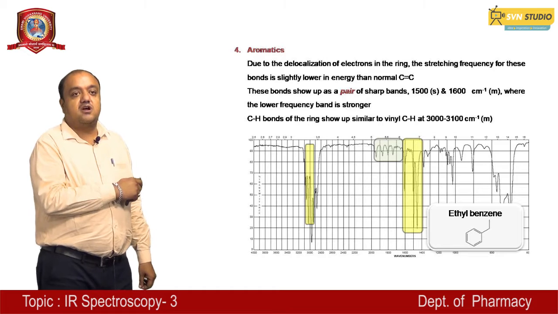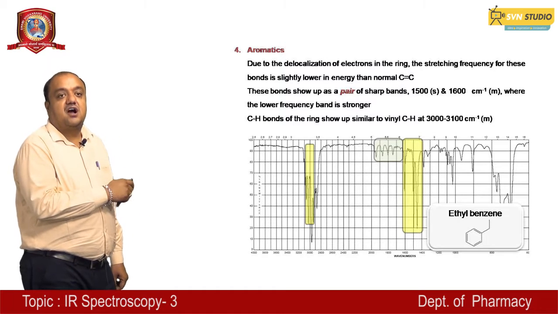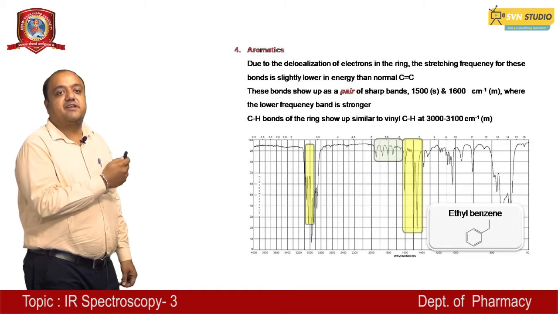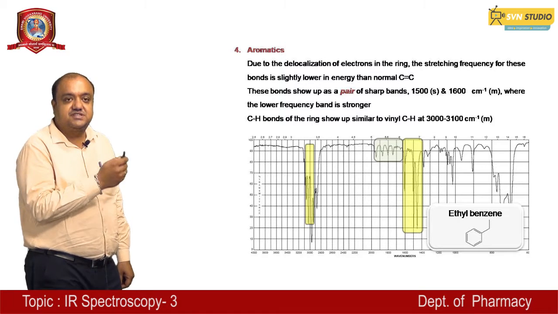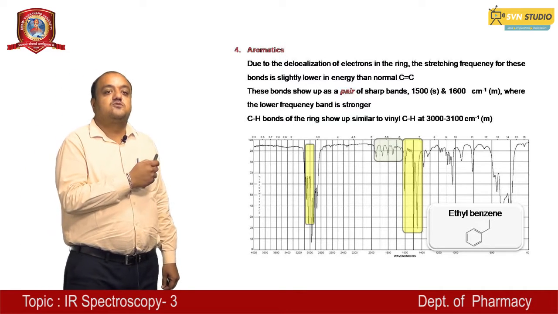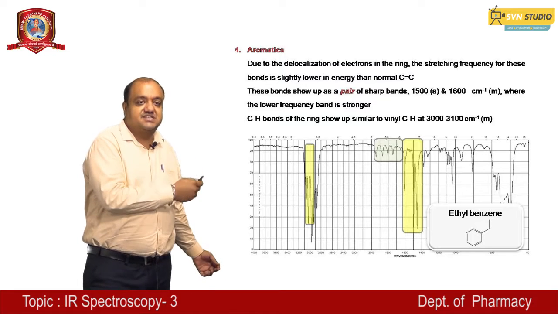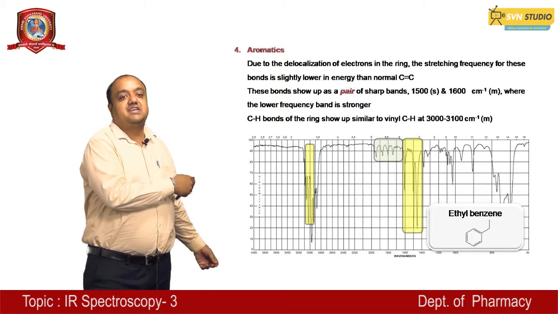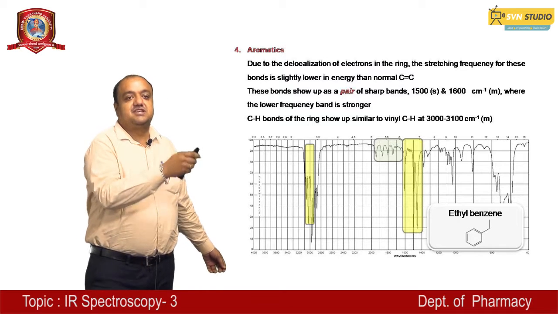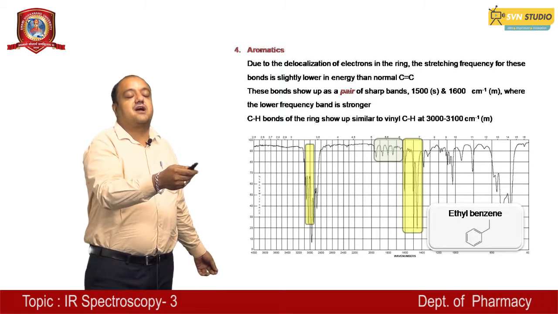and the C-H bond of the ring shows up similar to the vinyl carbon atom, with absorptions at 3000 to 3100 centimeter inverse in medium intensity peak, for example ethyl benzene, which shows this type of spectra.